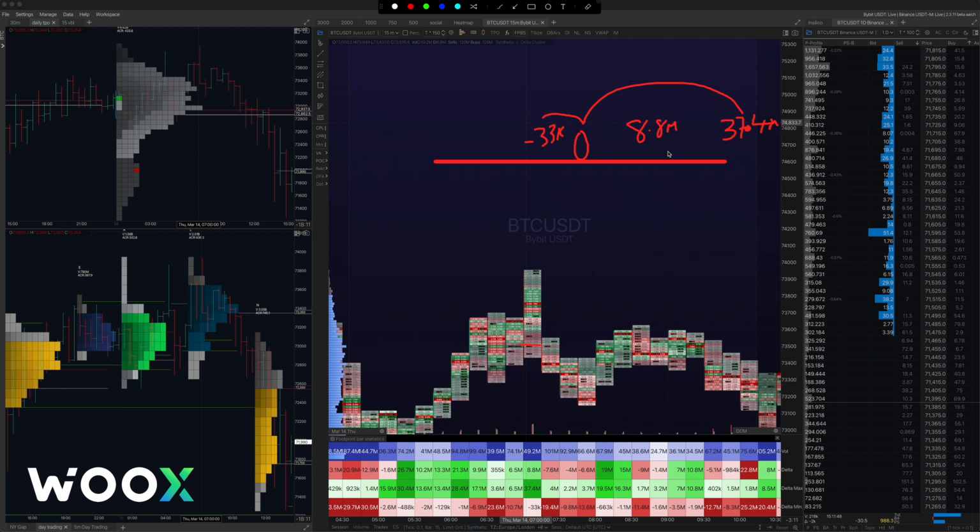And it's important to note that there might be differences between these values, and this is what I call extended delta. So this is the perfect candle for it, where the candle has closed well below all that positive delta in itself. You can see here the candle's delta ended at 8.8 million, and there's this massive discrepancy between the amount of buyers that optimally came in at 37.4 million.